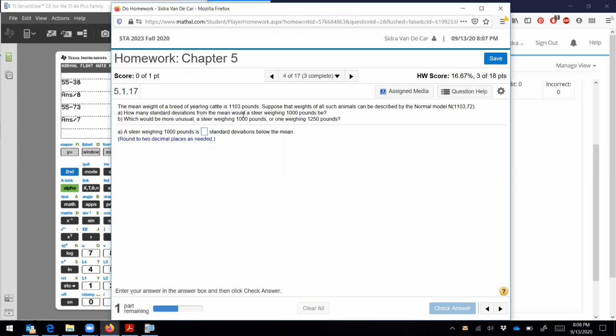How many standard deviations from the mean would a steer weighing 1,000 pounds be? So we're going to calculate the z-score. z equals 1,000 minus 1103 and divide by 72.